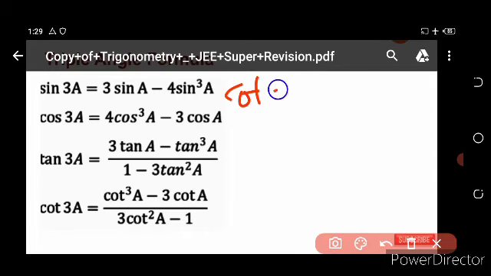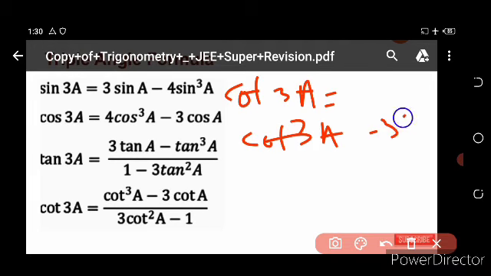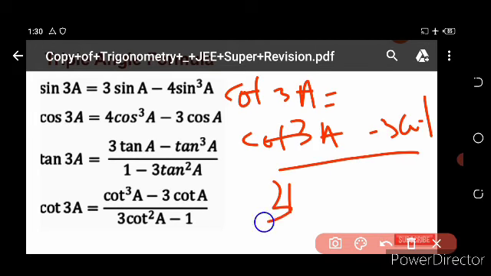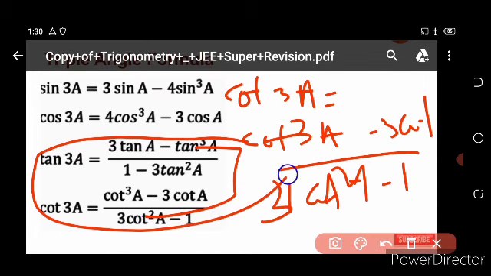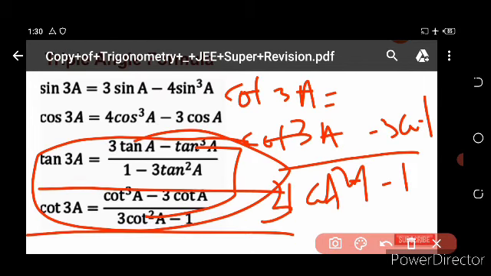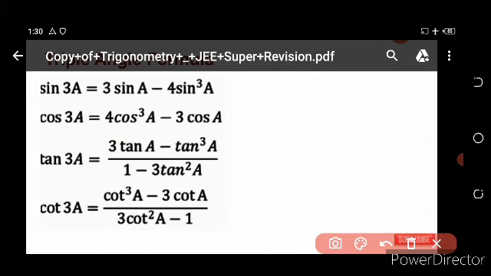Similarly, cot 3a is equal to, only the opposite of tan, that is cot cube a minus 3 cot a upon 3 cot square a minus 1. Always try to find the differences and the similarities in between, and how we can remember all the formulas of math.